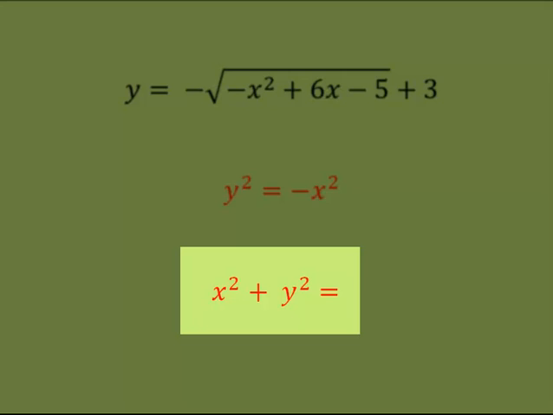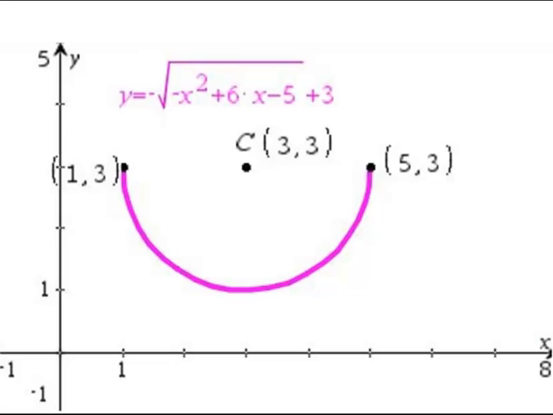The radical has you thinking semicircle. The negative sign in front of the radical has you thinking lower semicircle. And finally, the plus 3 translates you up 3. So we're expecting the graph to be a lower semicircle translated up 3 units. Correct.